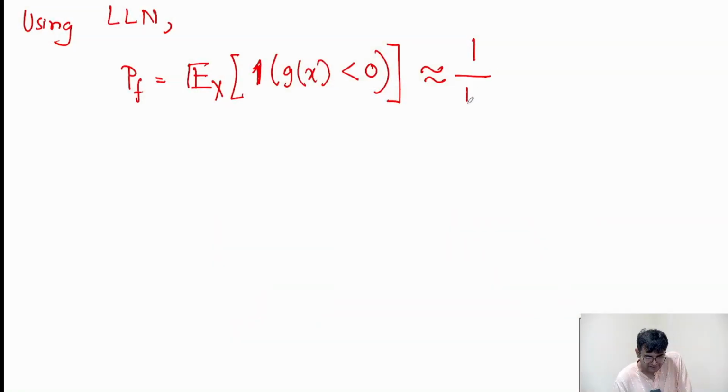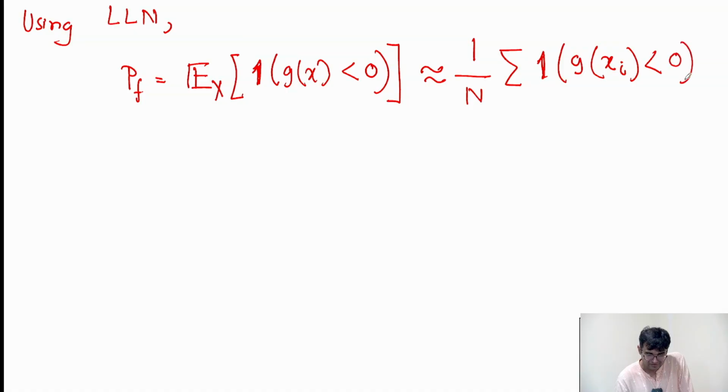So 1 by N summation of I, g(x_i) less than 0, where your x_i is sampled from the PDF. x_i cannot be just any sample, it has to be sampled from the PDF.